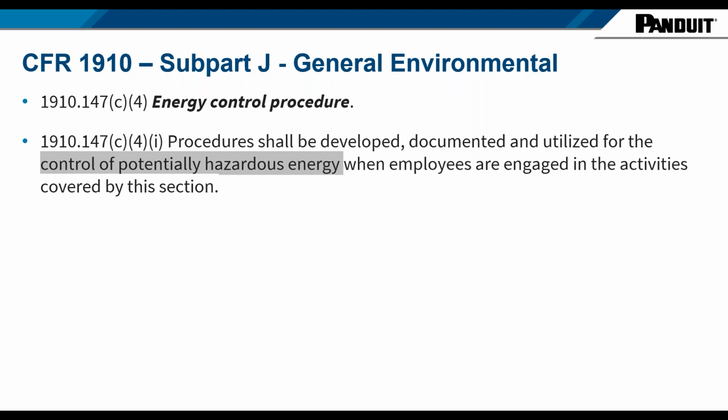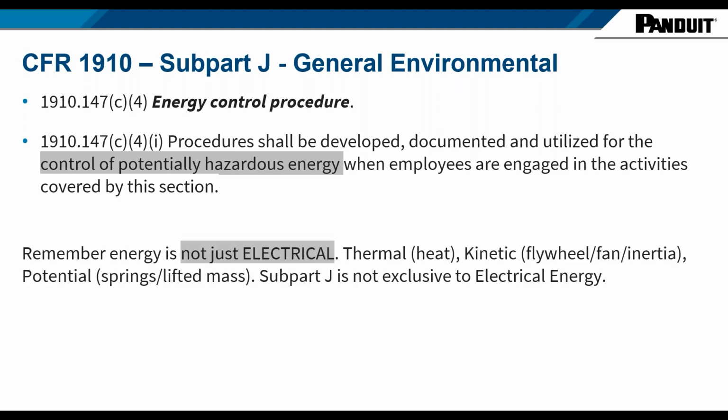So kinetic, like flywheels or fans, and then different potentials as well, like springs or a lifted mast that might be up for some reason, some machinery like a crane or what have you. So essentially, procedures shall be developed to control the hazardous energy. So that's the first semblance of it. And again, remember, it's not just electrical. It's all those other mechanical ones, and subpart J is not specific to electrical energy. That is the subpart S.